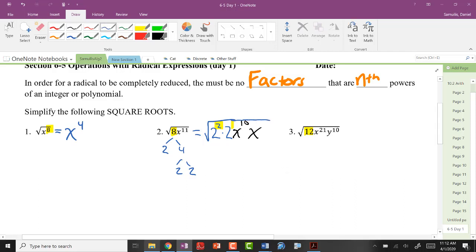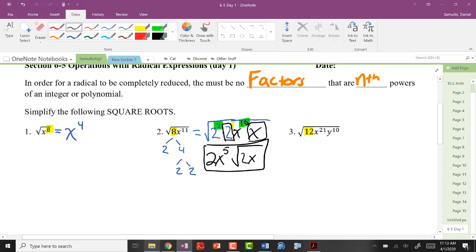The square root of 2 squared is 2, and this 2 stays in the radical. The square root of x to the 10th is x to the 5th, and this x also stays in. So I have 2x to the 5th, square root of 2x.